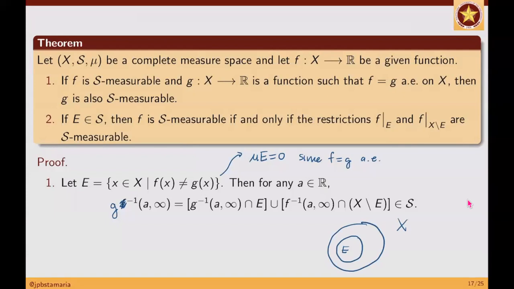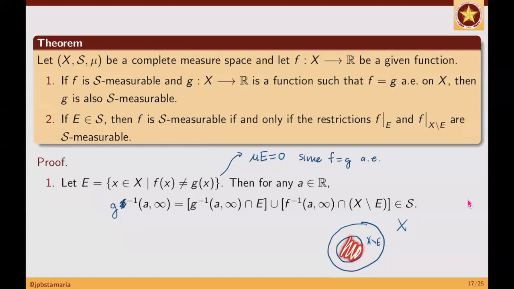Ano yung nandun sa E? Nasa E, lahat ng mga points where F and G do not agree. Okay? If I take an arbitrary x from X, dalawa yung pwedeng mangyari. Pwedeng nasa E ka, pwedeng wala ka sa E. Now, pwedeng nandito ka, or pwedeng nandito ka. Okay?